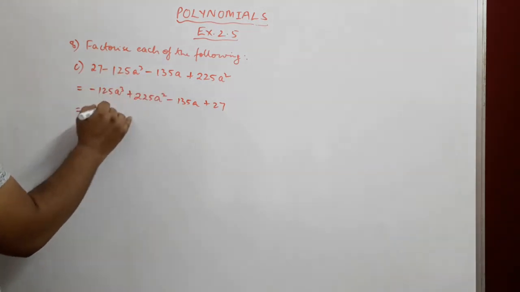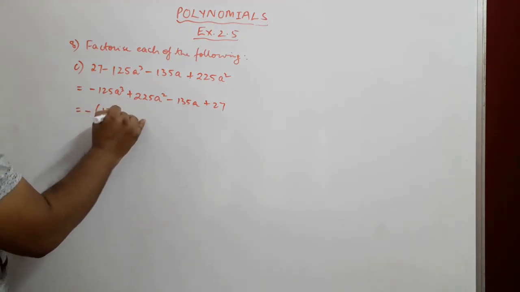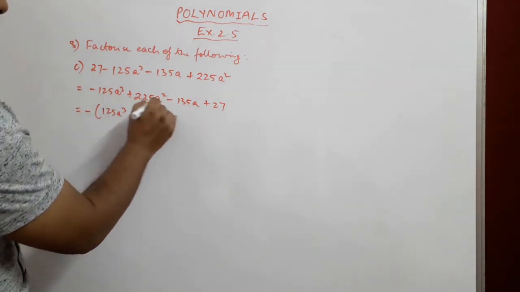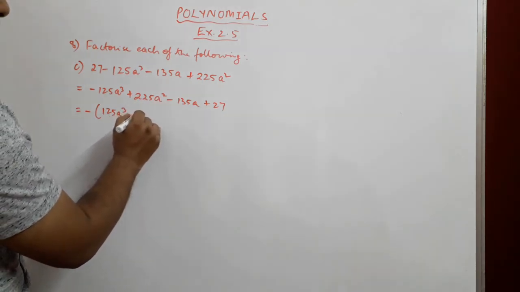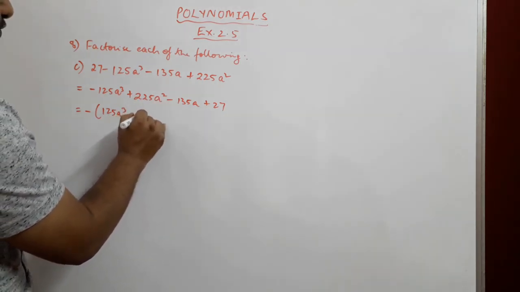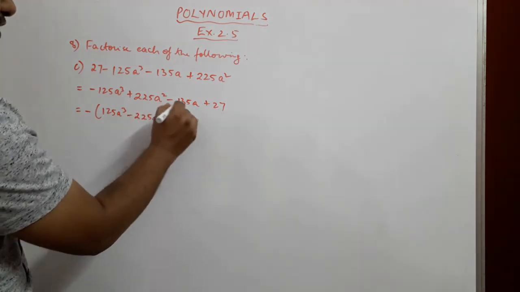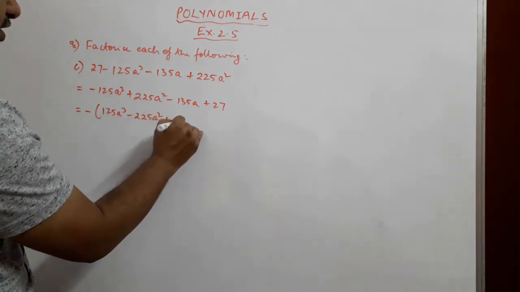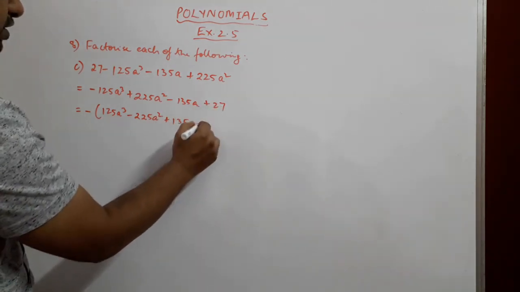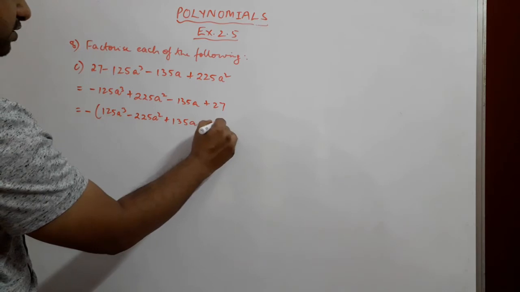So minus 125a cube will become positive 125a cube, positive 225a square will become minus 225a square, negative 135a will become positive 135a, and positive 27 will become minus 27.